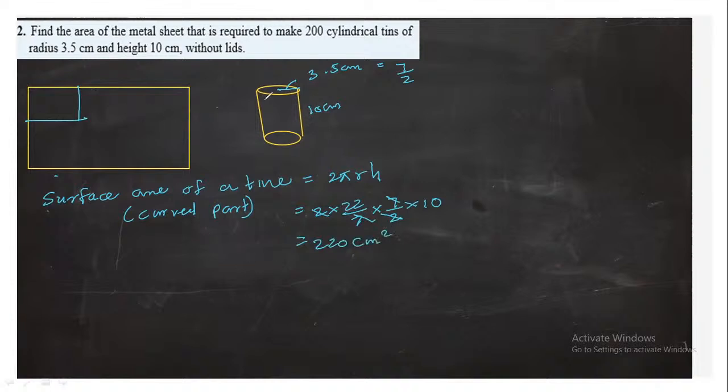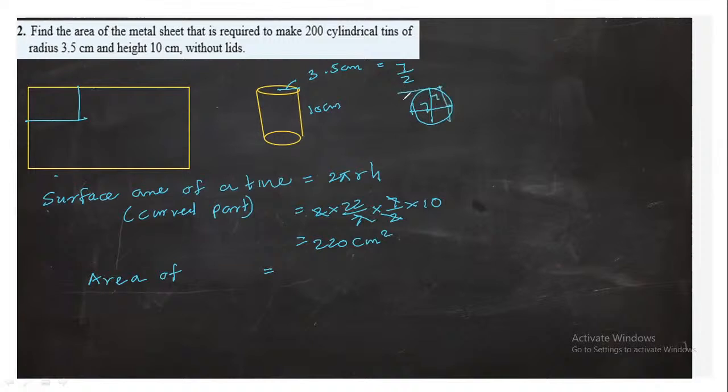And now we want to find the one circular part, because the lid is not there. Then the area of the square. Right? It means now if I take like this, the radius, diameter 7, diameter 7.